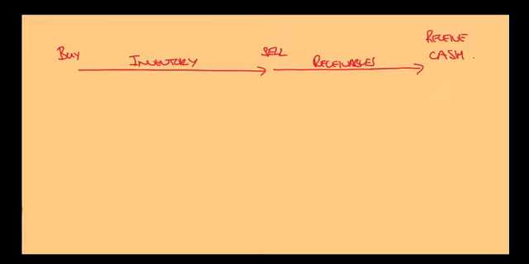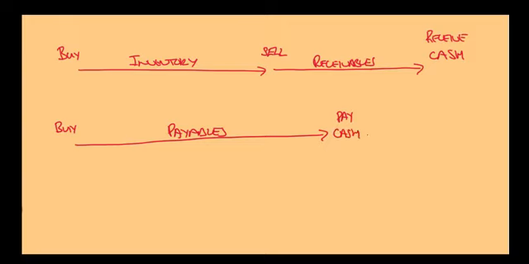Now, because I bought something, I also have to pay for it, don't I? So maybe I get some good credit terms, so my payables period is quite long, but still, I have to pay cash here. Now, can you see the problem with this working capital management? I'm receiving cash here later than I'm paying the cash here.